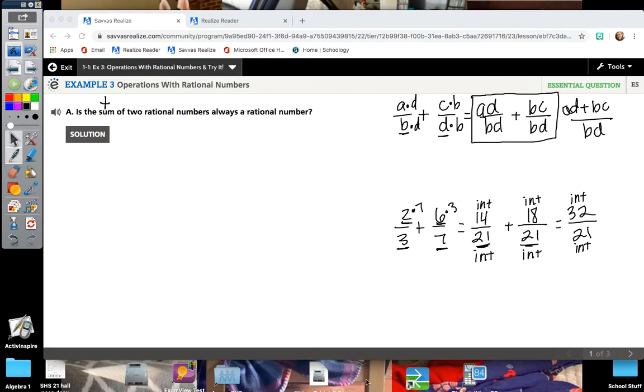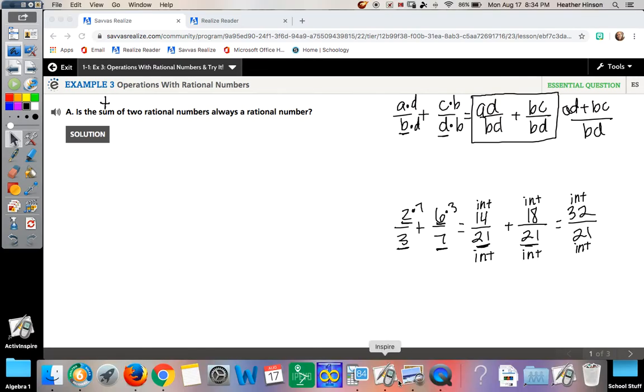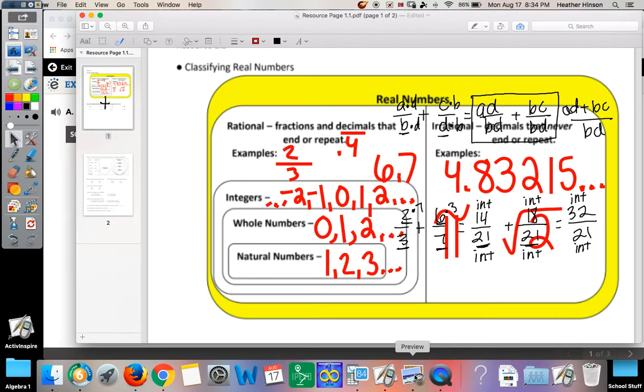And if we go back to our rational, irrational chart, where do integers fall? Do they fall on the rational side or the irrational side? Well, they're right here on our rational side.